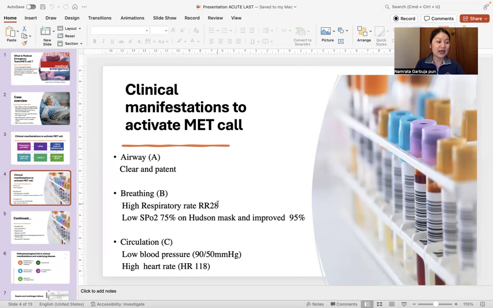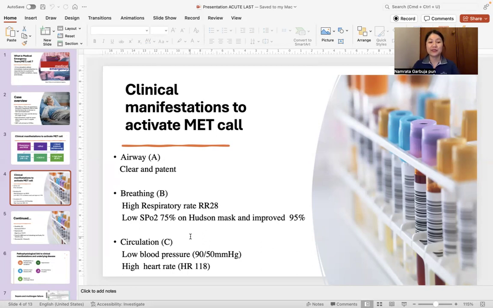It is also noted that there is decreased air entry, or reduced air sounds, at the bases of both lungs. Her ABG result shows that she has respiratory acidosis and hypoxemia, which indicates that she has respiratory failure.